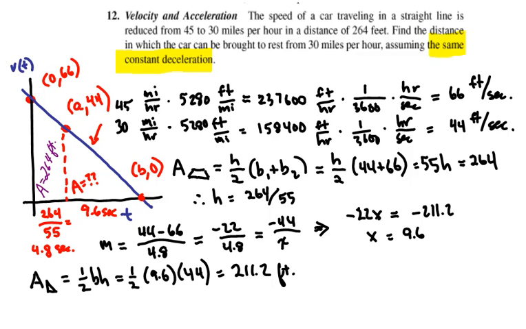So the area under the curve from t equals a to t equals b is 211.2 feet, which means that is the distance traveled from time t equals a to t equals b. That is the time it takes for the car to be brought to rest from 44 feet per second. And so you have 211.2 feet there.